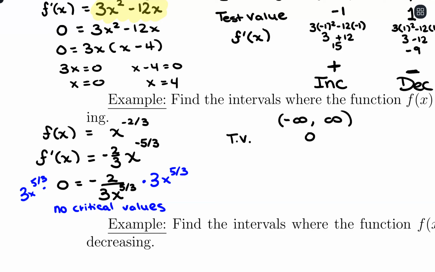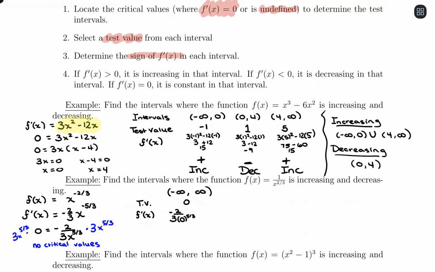And so evaluating our derivative at 0, we're going to have -2 over 3 times 0 to the 5/3. 0 raised to 5/3 is just 0. So, sorry, in doing that, I paused because I was like, that's going to be undefined. And that is exactly what I wanted to bring up here.